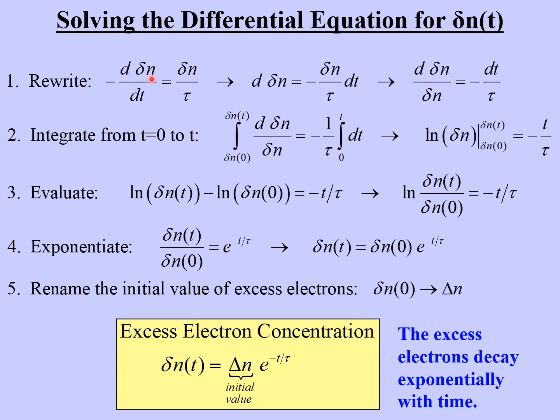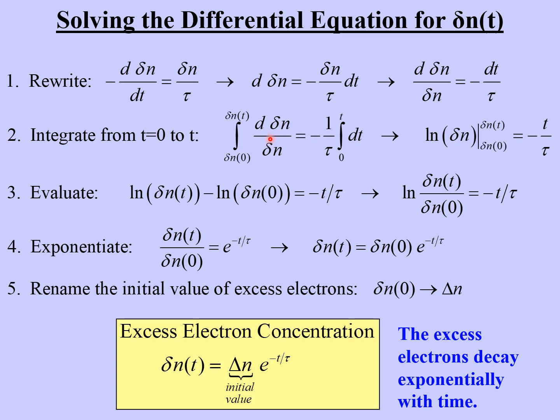There's a bunch of steps here, but it's nothing that difficult. This is stuff you did in your mathematical methods class. Basically, I moved the dt over to the right side, put delta n under the left side, and then I integrated both sides.